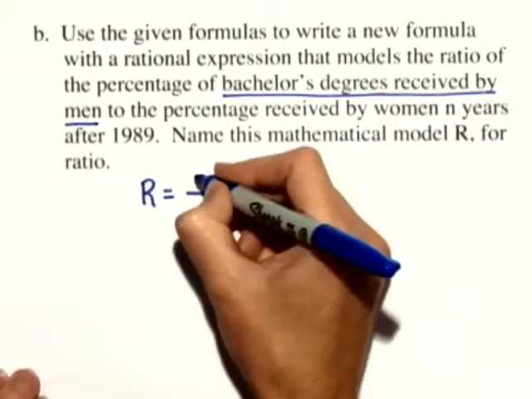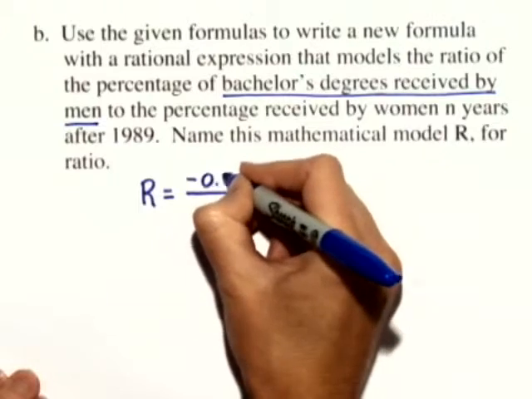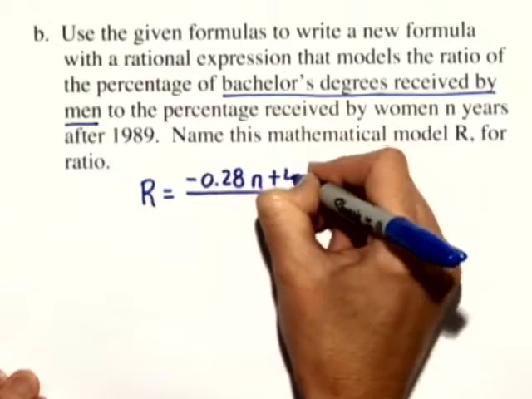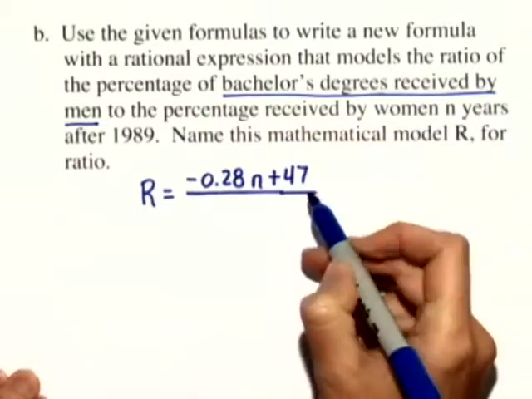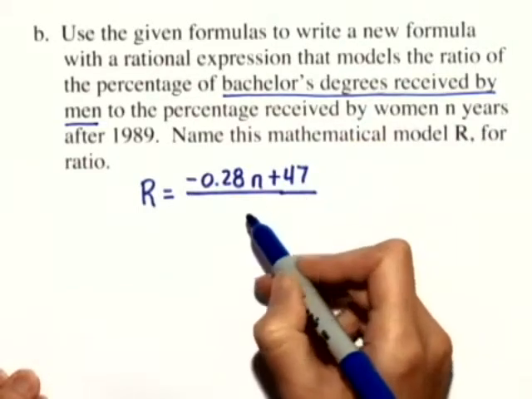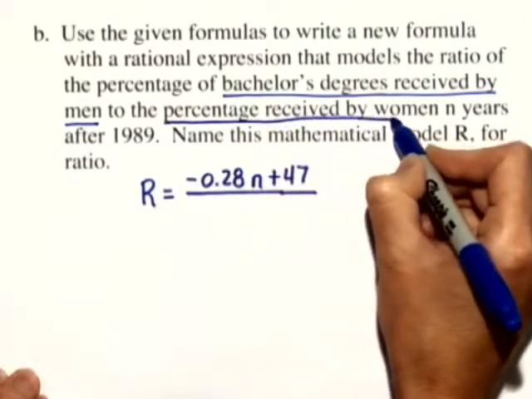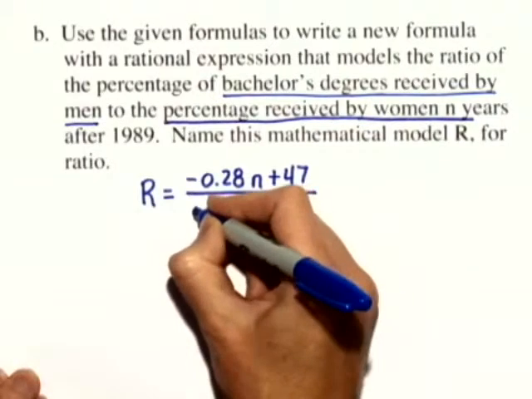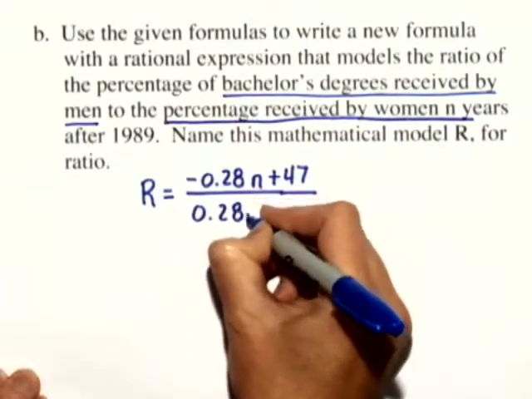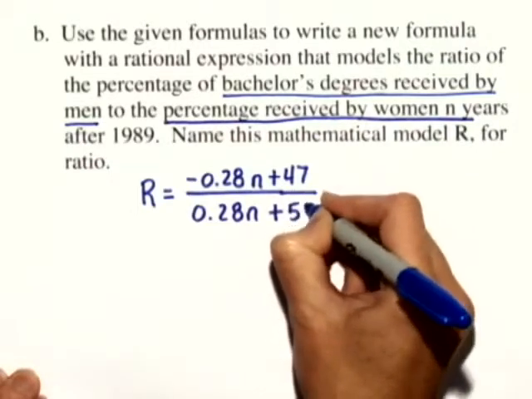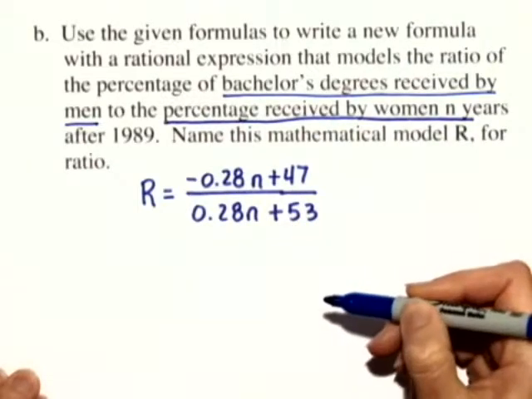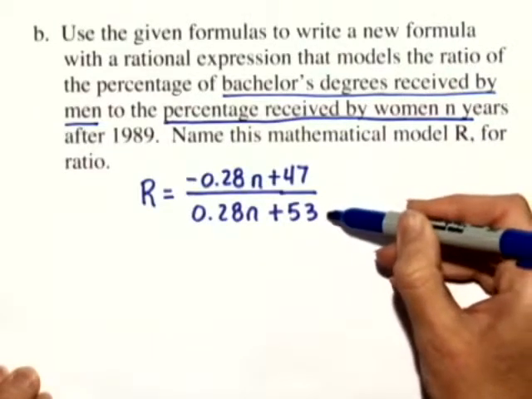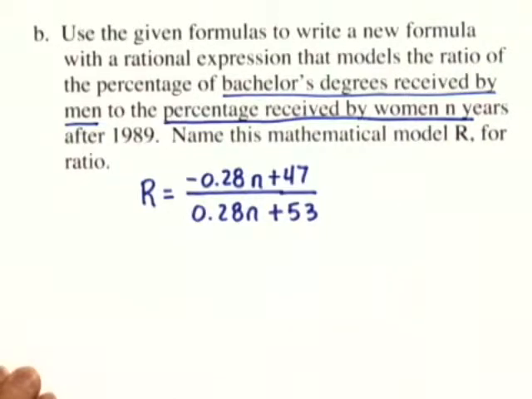That ratio is given by negative 0.28n plus 47 in the numerator, which represents the percentage for men, divided by the percentage received by women. The formula for women was 0.28n plus 53. So we can use this ratio to determine the percentage of bachelor's degrees received by men to the percentage of bachelor's degrees received by women.